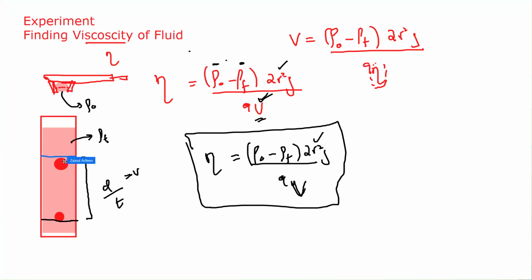For the sources of error, we should avoid a parallax error in measurement of the diameter or the spacing between the rubber bands. We should avoid forcing or pushing the ball into the fluid, or splashing of the liquid. It should be gently released just near the surface of the fluid, instead of releasing from a certain height, because if you release from a height, it will splash and cause turbulent flow, which may lead to a wrong result.